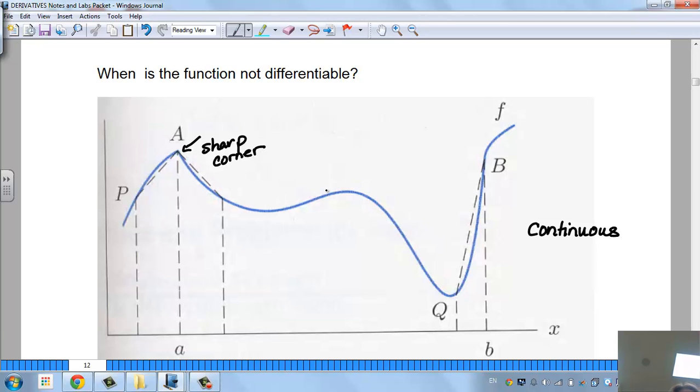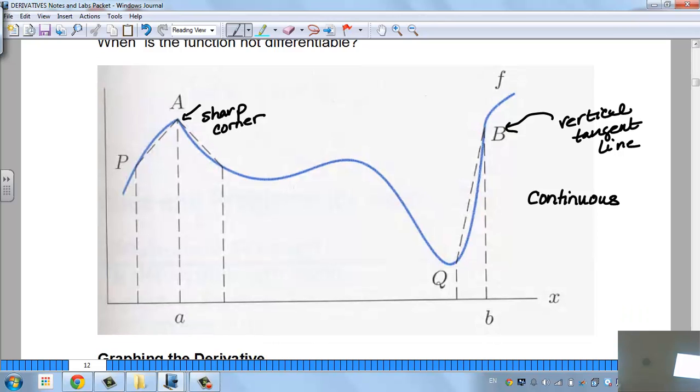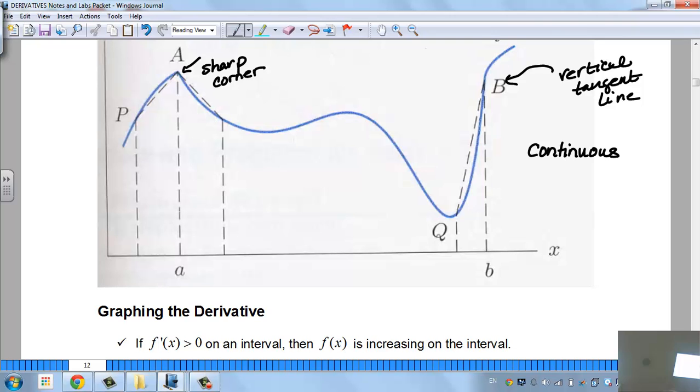I follow along, this looks okay, come down here, and then I say, oh, at B, looks like there's a vertical tangent line. So there's no derivative at B. This one does not have a cusp, but there are two places where there's no derivative. And remember, the whole function is continuous.